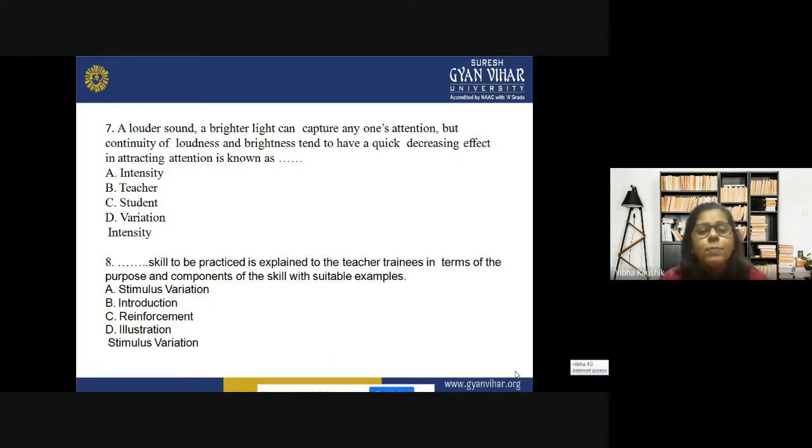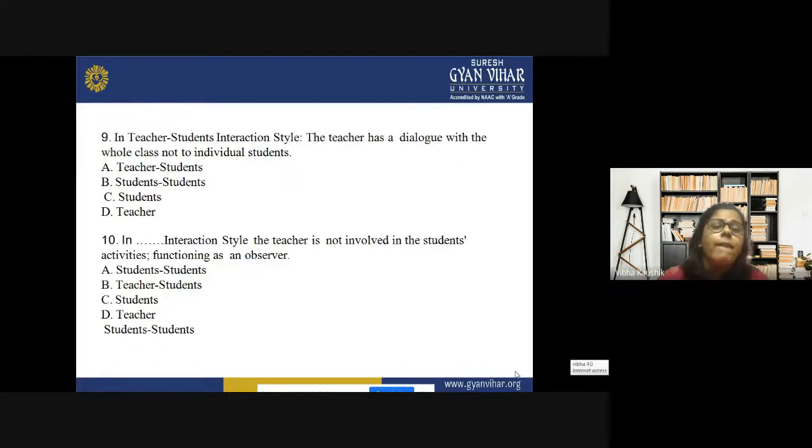The dash skill to be practiced is explained to the teacher trainee in terms of the purpose and components of the skill with suitable examples. The options are A. Stimulus variation, B. Introduction, C. Reinforcement, and D. Illustration. The correct answer is option A, that is stimulus variation. In teacher-student interaction style, the teacher has a dialogue with the whole class, not with individual students.